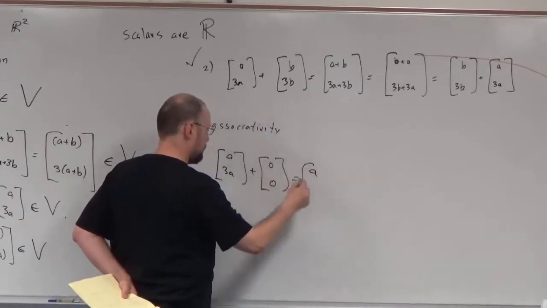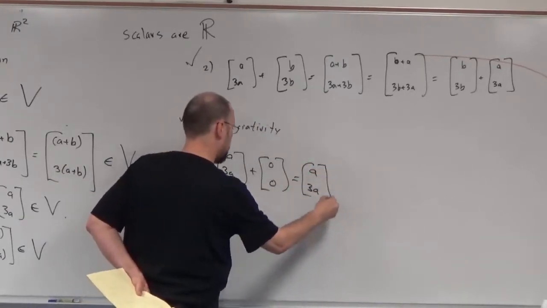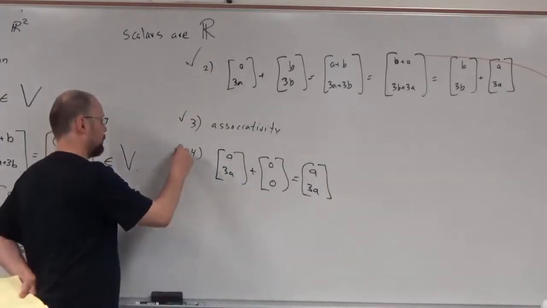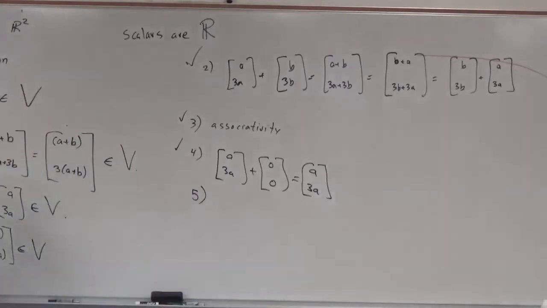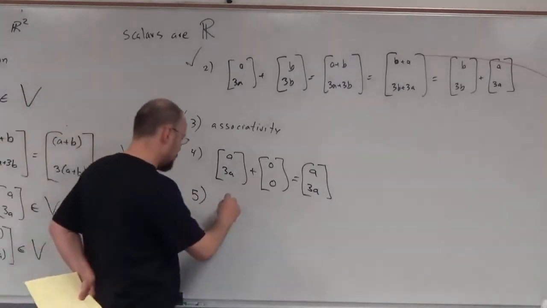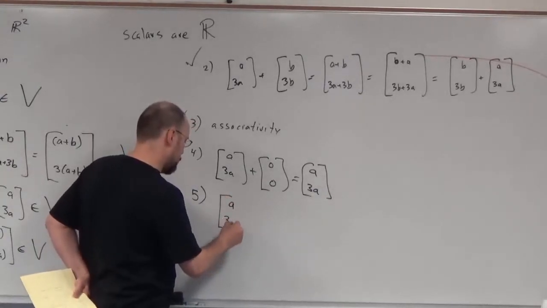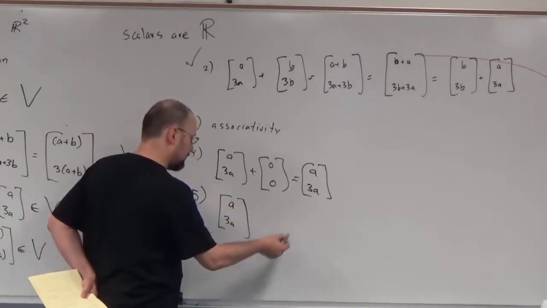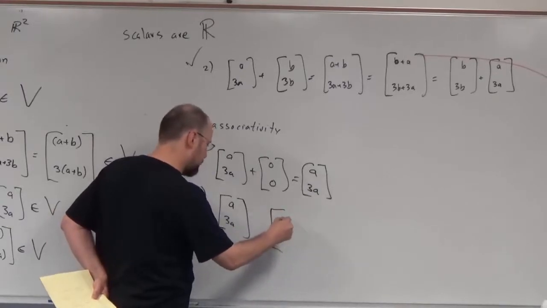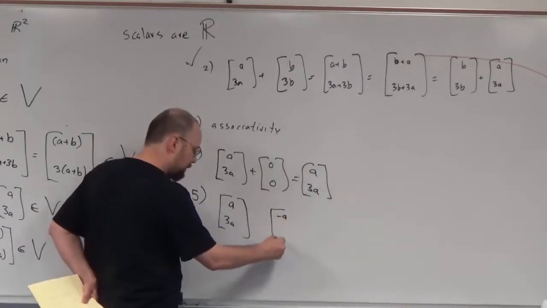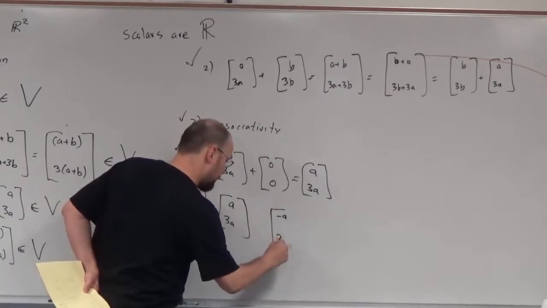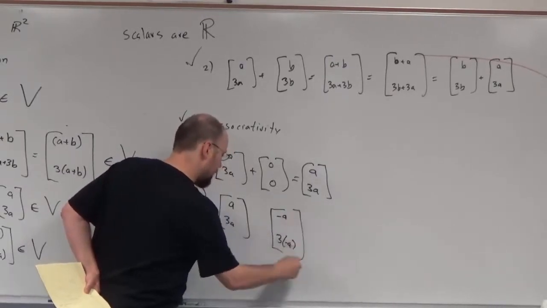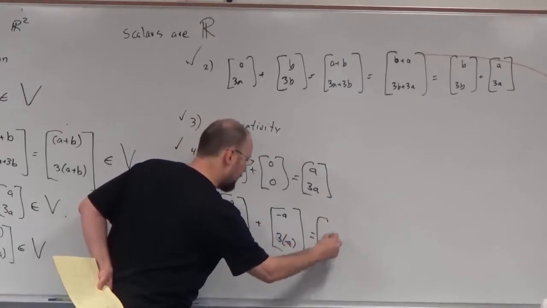We already have commutativity, so there you go. That checks. And what was the 5th one? Yes, the negatives exist, because for any vector of that form, we know that there exists an element in our set V, namely minus A, minus 3A, right? If you'd like, 3 times minus A. If you add these, we know we're going to get the additive identity.